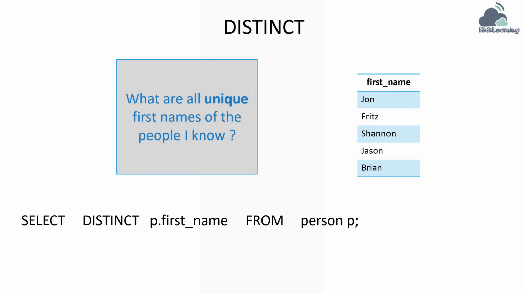So the distinct keyword will take all of the values that your result set would have returned, and it will find all of those values that are distinct and only return you one row for each of those distinct values, right? So this is a way to reduce your result set by saying, I don't want all of the items from that table. I just want all of the distinct items from that table.